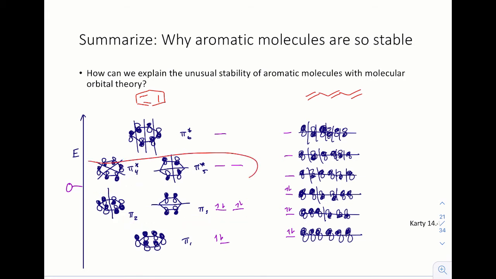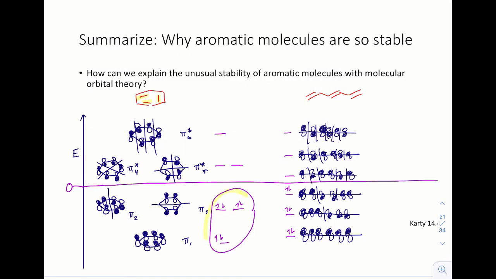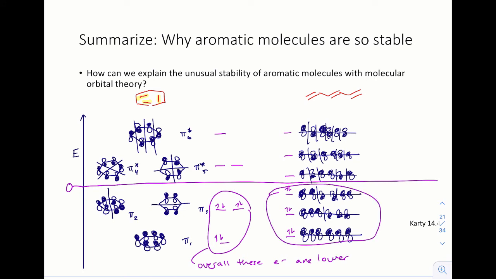Then there are 2 degenerate antibonding orbitals with 2 nodes, and 1 highest energy orbital with 3 nodes. Overall, this results in the 6 pi electrons of benzene occupying quite low energy orbitals. Lower energy, in fact, than the bonding orbitals that result from the acyclic overlap of 6 p orbitals.